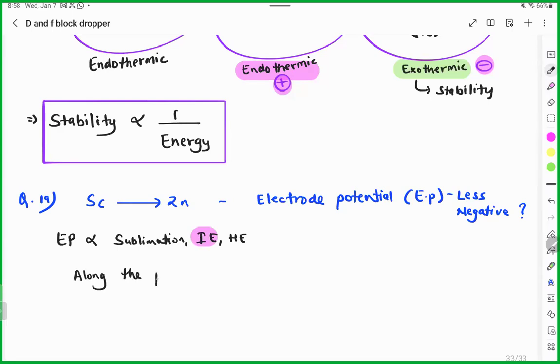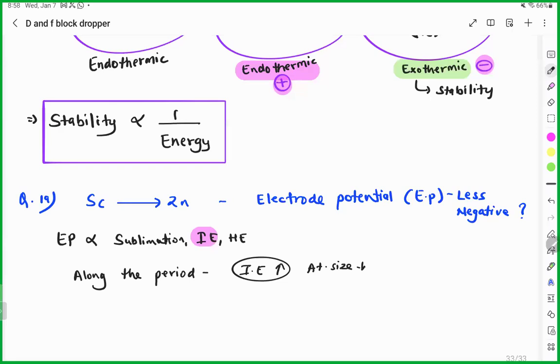For example, in the 3d series, ionization enthalpy will increase. Why? Because atomic size will decrease. And when ionization enthalpy increases, it means your positive part will keep on increasing, negative value keep on decreasing.